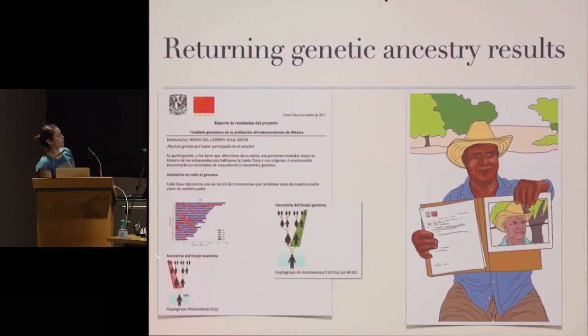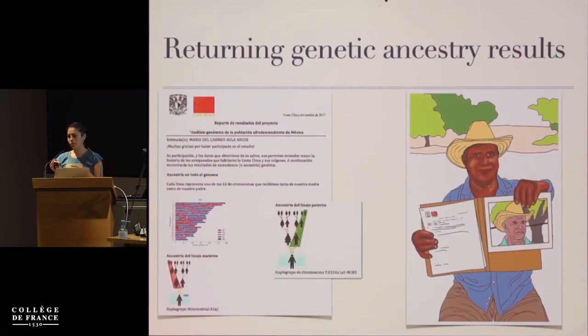Basically what we returned was the karyogram using color codes to make it easier to interpret. And we didn't give estimates like 50%, 20%. We avoid at all costs giving numbers to participants, because first we know there's a margin of error in those estimates, and second, we don't want people to compare themselves using numbers.